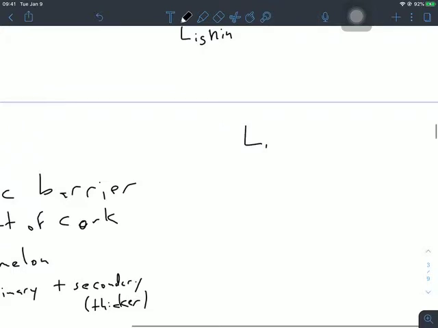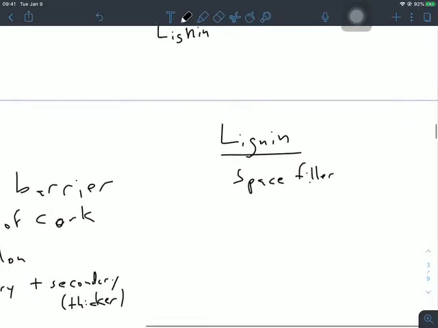Lignin is also another one of these polymers, an innovation that serves as a space filler alongside cellulose fibers. Now, lignin prevents the cell wall from absorbing all of the water.